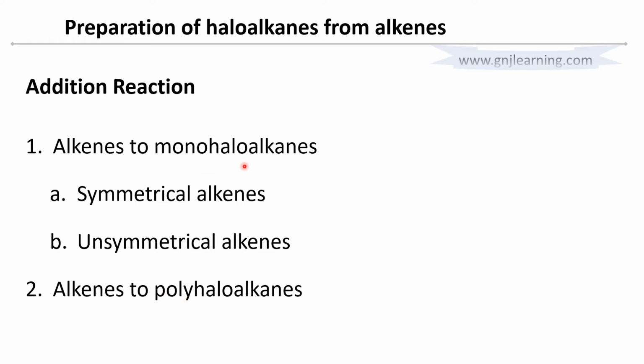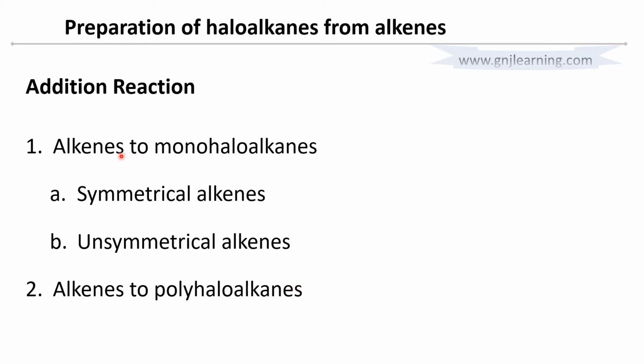Monohalo means alkanes having only one halogen atom in it, whereas polyhaloalkanes means having more than one halogen atom in an alkyl chain. So accordingly we have two types of preparation, two types of reagents we will use in this part.